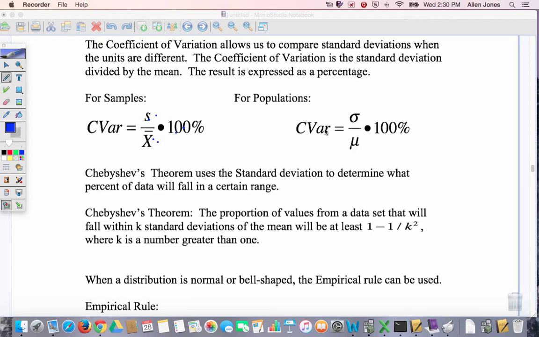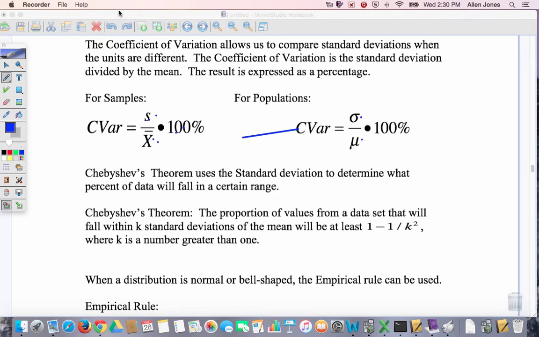Population is the same calculation. It's a standard deviation divided by the mean multiplied by 100%. Just notice the different symbols. For our sample values, we use letters out of the alphabet. For the population values, we use Greek letters from the Greek alphabet. Either way, our coefficient of variation is the standard deviation divided by the mean multiplied by 100%.